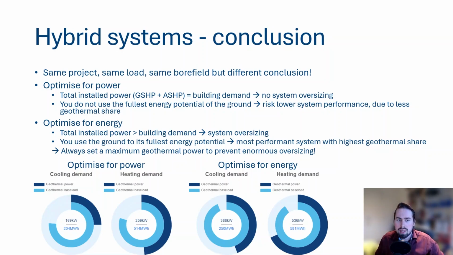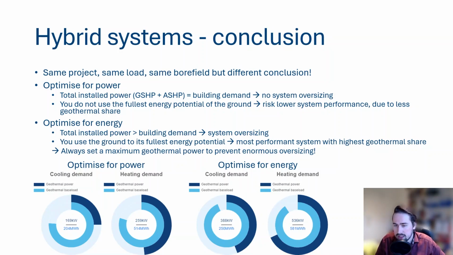Of course, we leave some energy potential behind, which is rather significant. And that's when we can go to the situation for the optimize for energy. And as you can see here, we install way more power on our borefield. So we more than double the amount of cooling we have on our borefield, and we install our 536 kilowatts also for the heating.